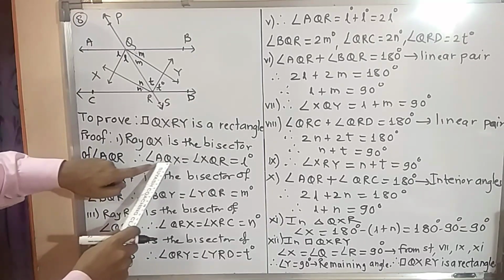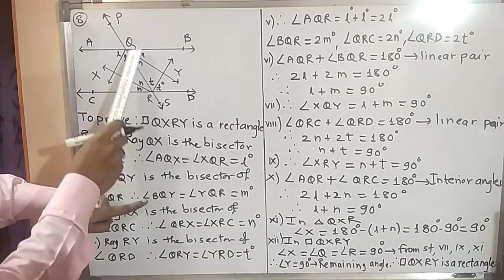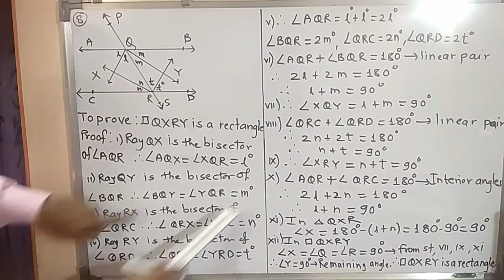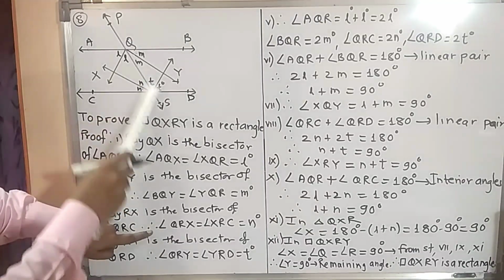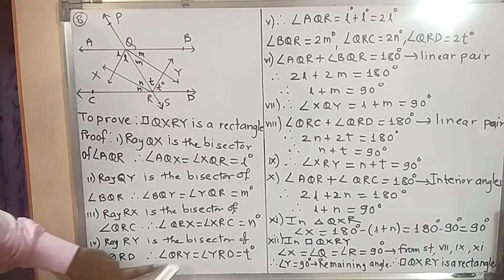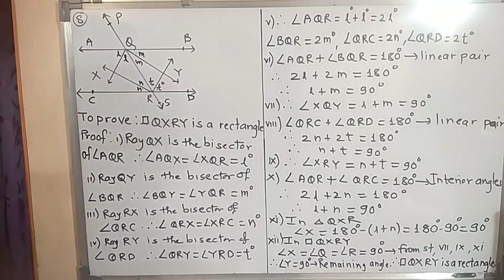AQX is equal to XQR is equal to L. BQY, YQR is equal to M. QRX and XRC are N, and QRY and YRD are T.